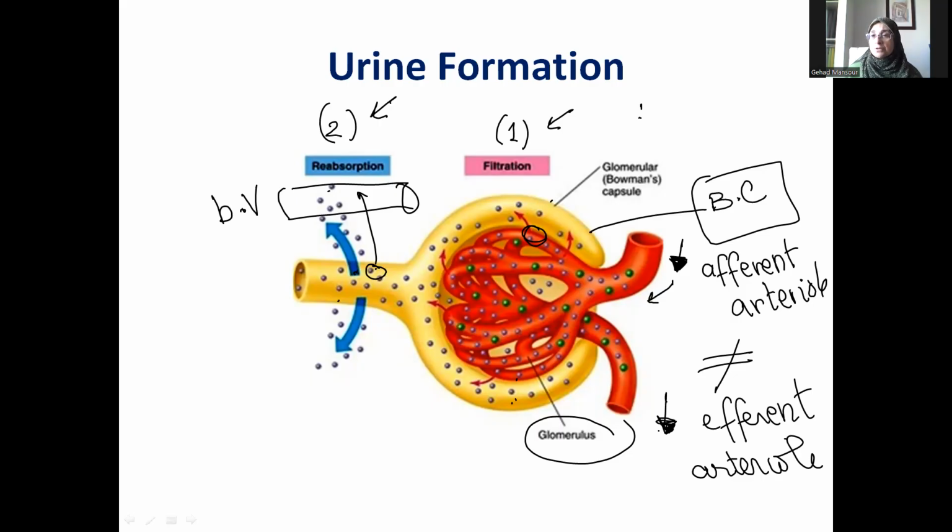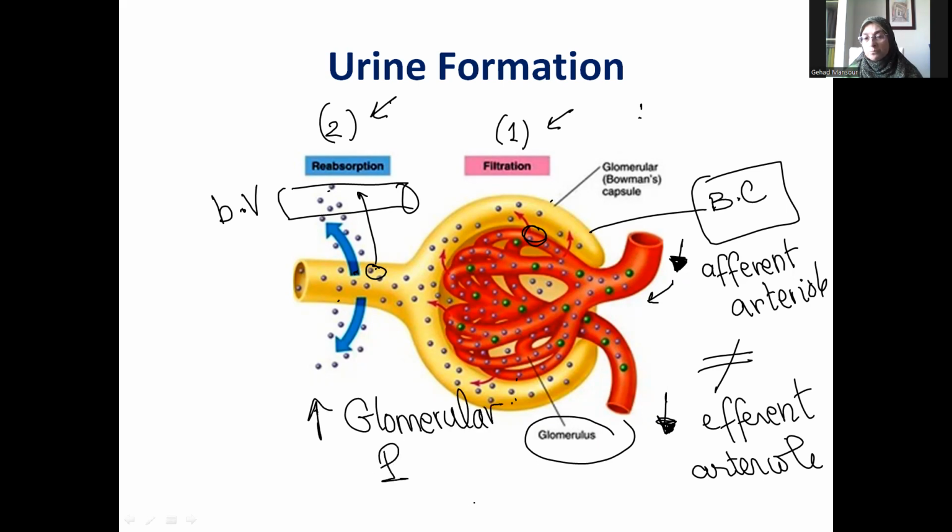And then I might ask you about the significance of this particular difference. So you would say that when the afferent arteriole is larger than the efferent arteriole, this ensures high pressure in the glomerulus, high glomerular pressure. And why does this occur?